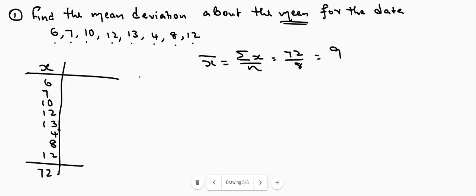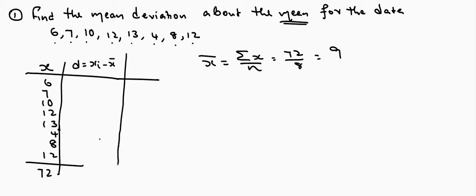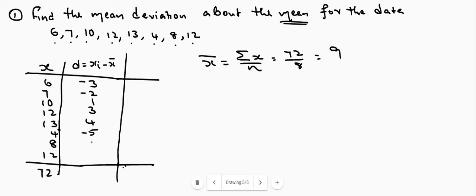Then we are going to find the deviation. Deviation d is equal to xi minus x bar. Subtract x bar from each x, that is 6 minus 9, which is minus 3, then minus 2, 1, 3, 4, minus 5. 4 minus 9 is minus 5, then minus 1 and 3.